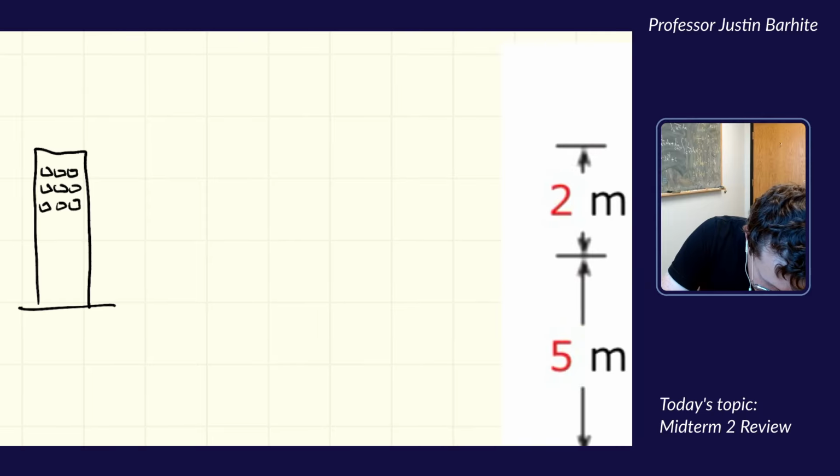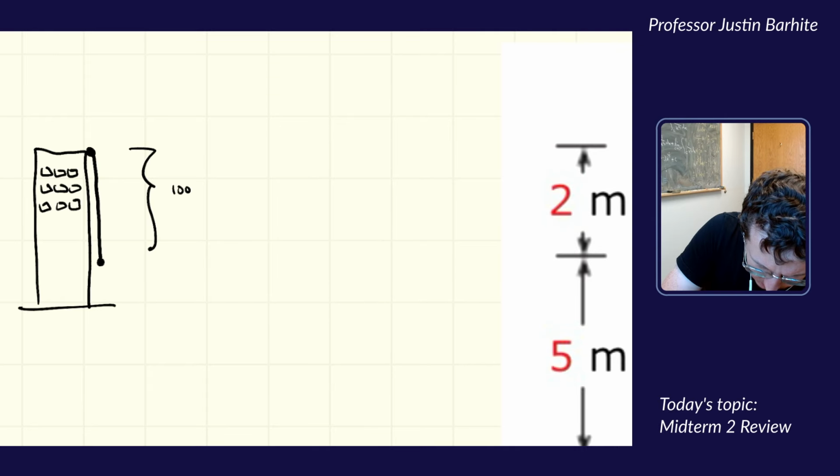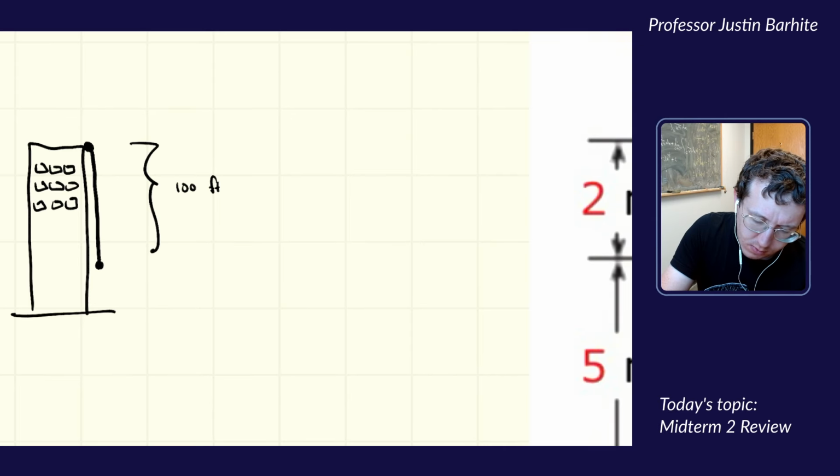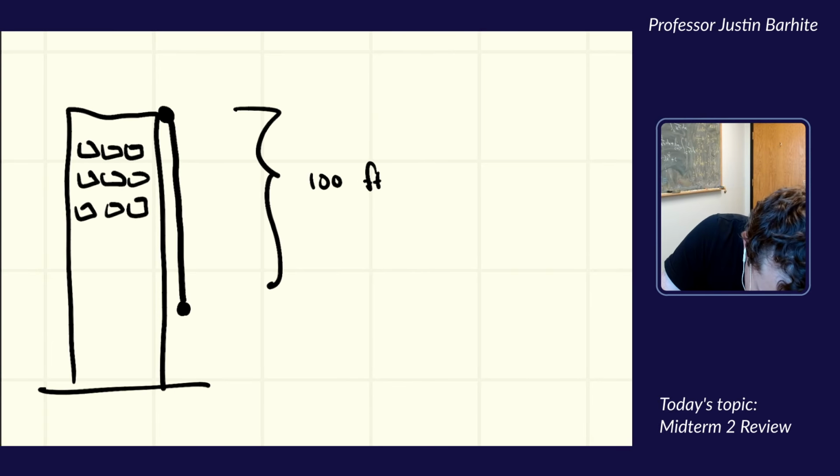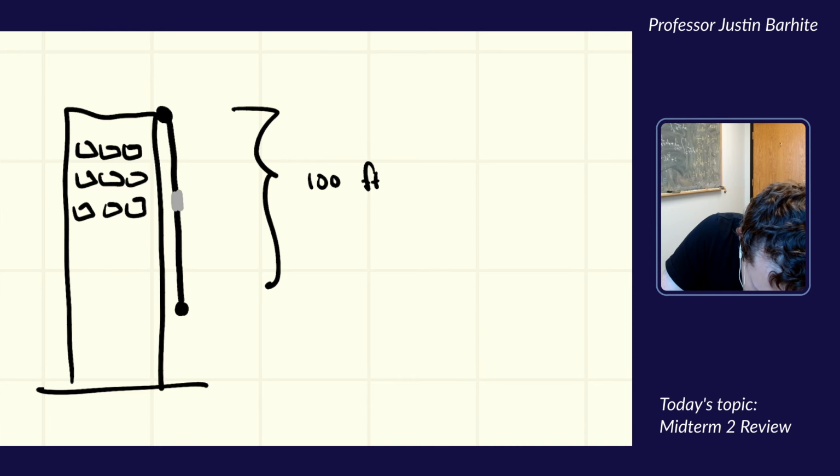But we have our cable, which is 100 feet long. And we're going to look at just some little portion of the cable. Let's say that it's at a height of y.